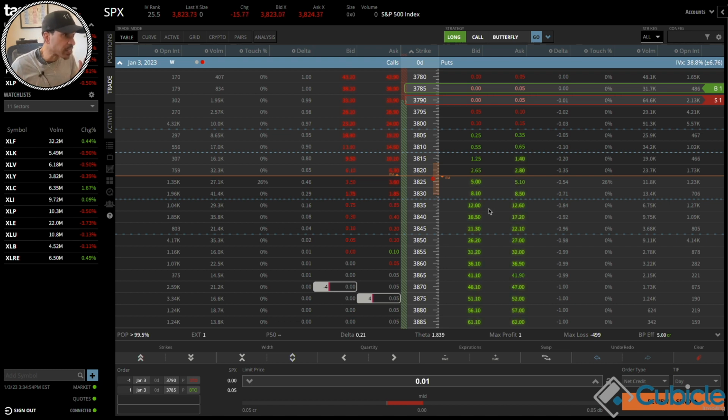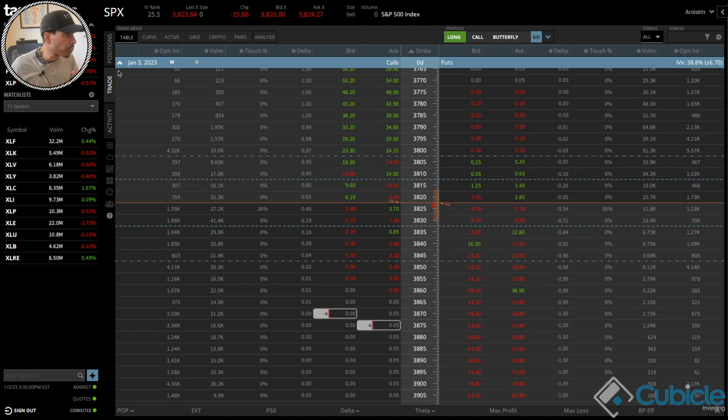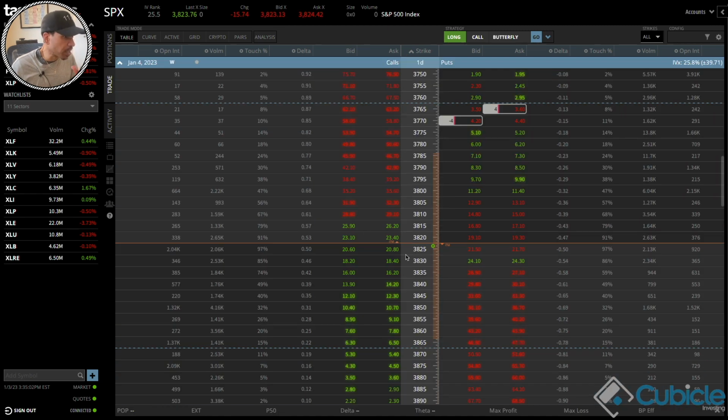However, I decided to roll out the vertical put credit spread that was due to expire today, and I rolled that out for tomorrow's expiration of January 4th, and I rolled it down to 37.70 and 37.65.